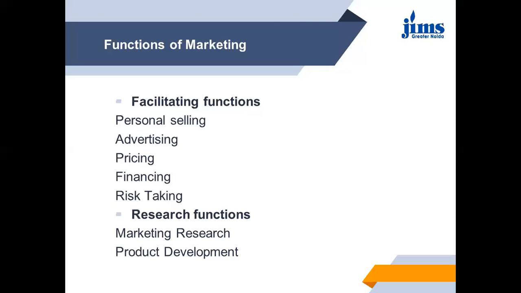Product development deals with research and development, taking into account innovative ideas so as to produce new types of products, to meet the changing demands and needs of the market.